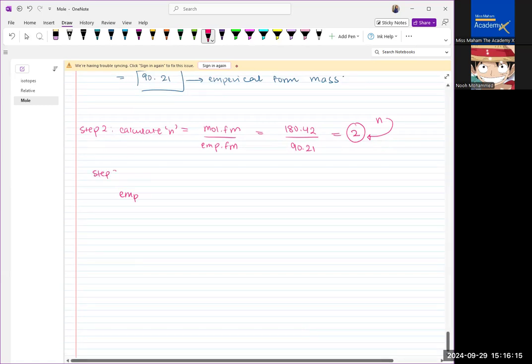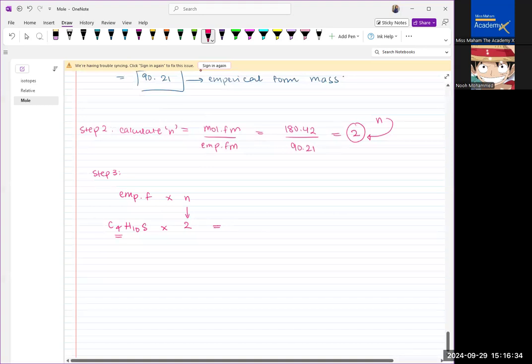Step 3, empirical formula into N. So C4H10S into 2 because N is 2. And how do you multiply it?